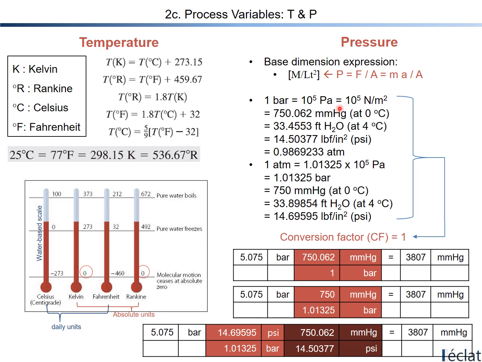Let's go to the pressure. Pressure is, as you know, force per area. Then we have a lot of various pressure units. For example, bar, Pascal, Newton per square meter, millimeter mercury, or feet water, and pound force. It's not just pound.